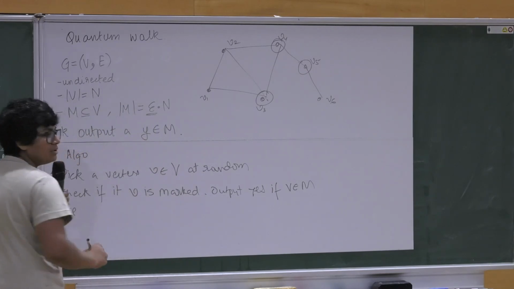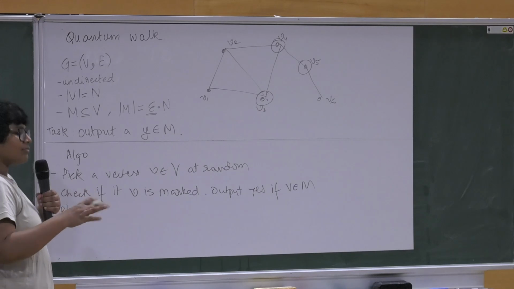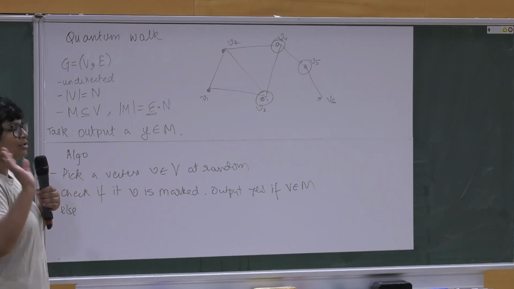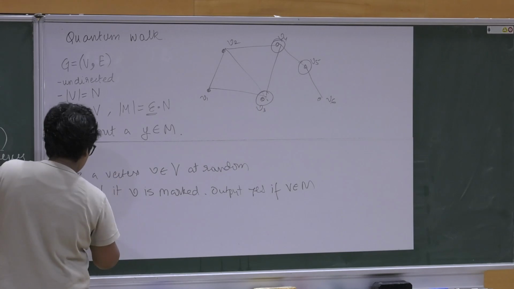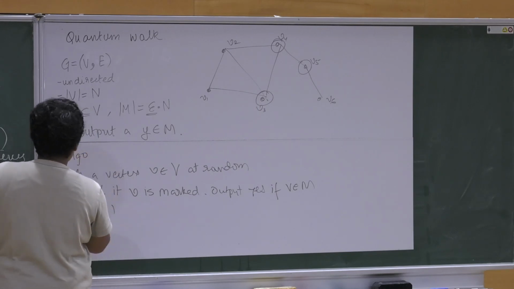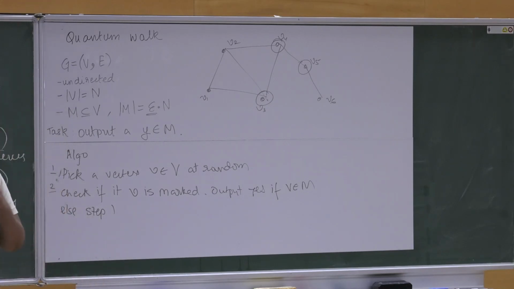Else, what do you do? Go to some neighboring vertex? Something simpler, where we don't go to a neighboring vertex? Some other random vertex. Exactly, so you again pick. This is a valid procedure, right? I'm picking a vertex at random and checking if it is marked. If it is marked, I output yes, V is marked. Otherwise, I go back to step 1 and pick again.